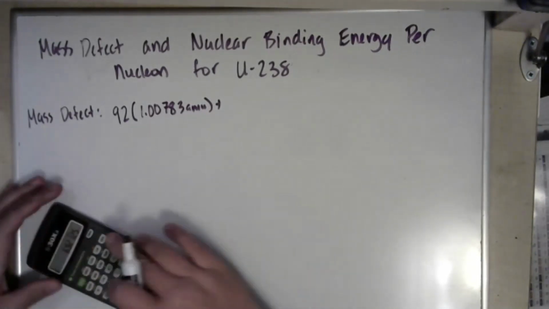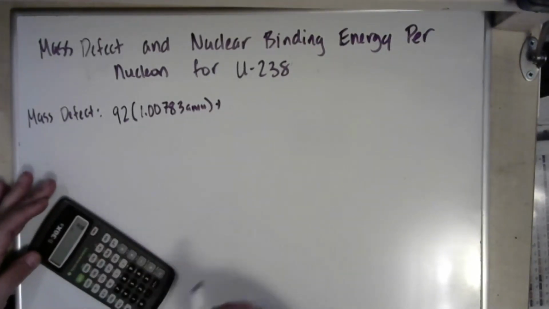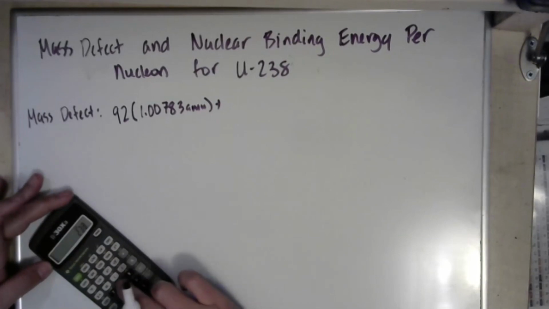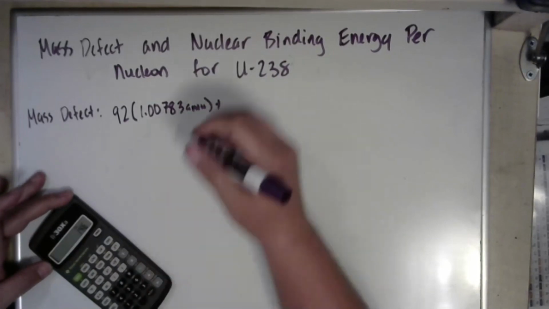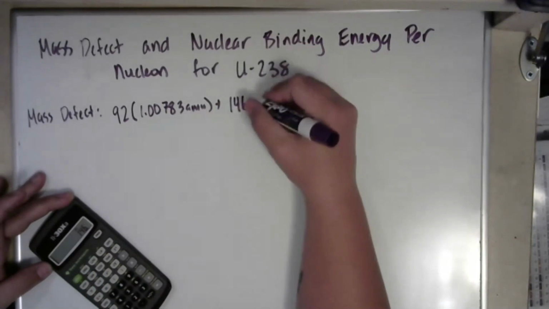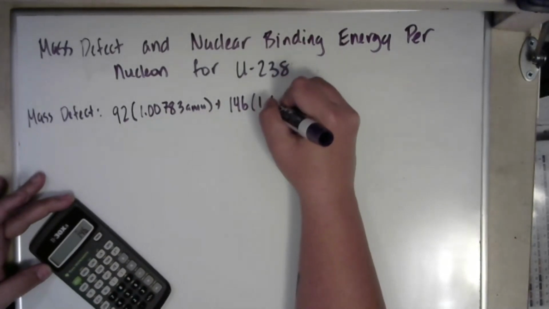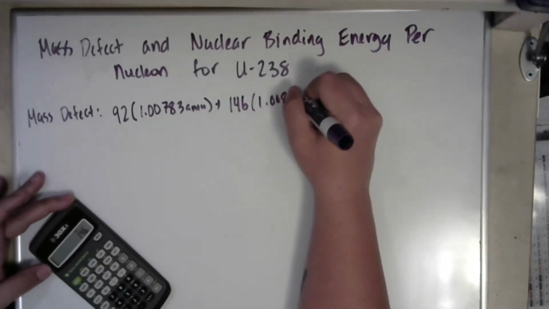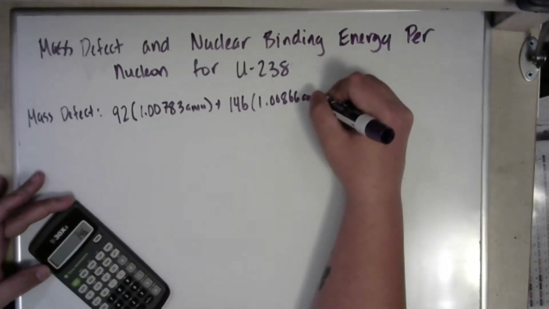And then we're going to figure out the number of neutrons by subtraction. So 238 minus 92 is going to be 146 times 1.00866 AMU.